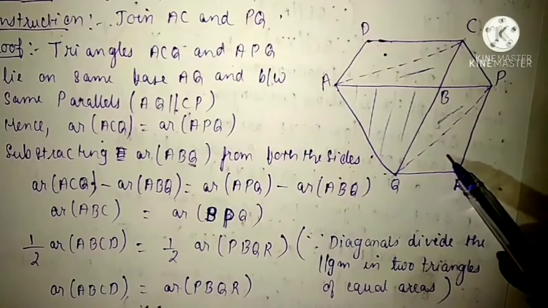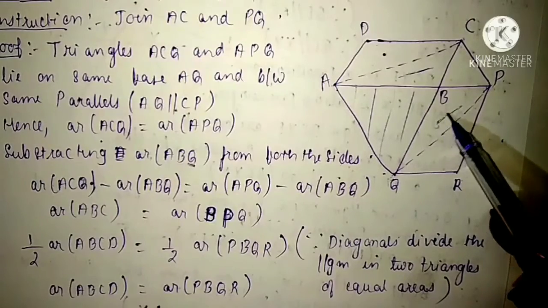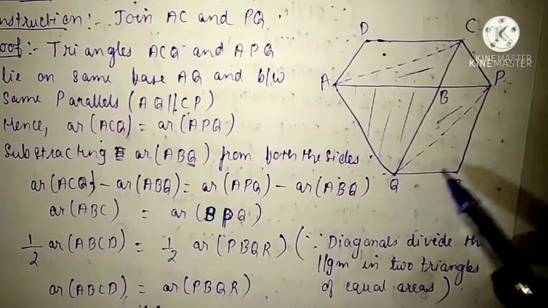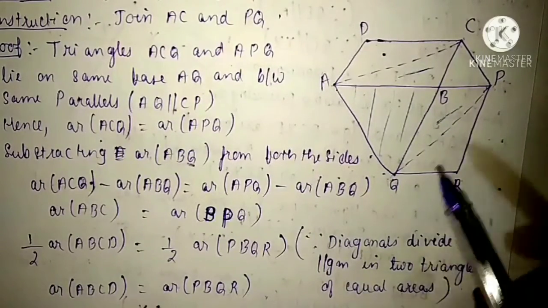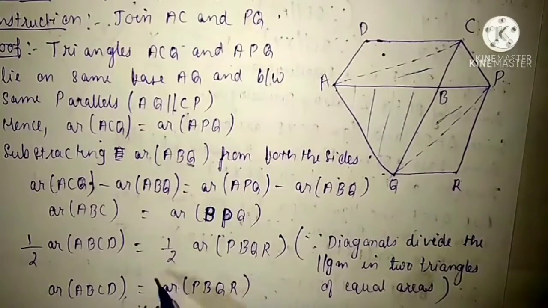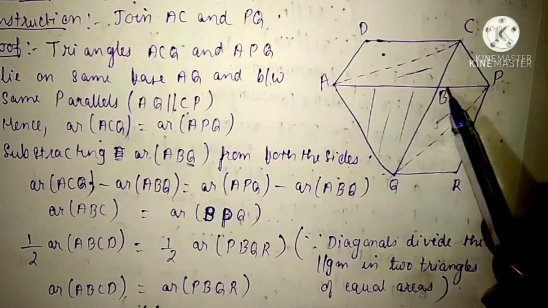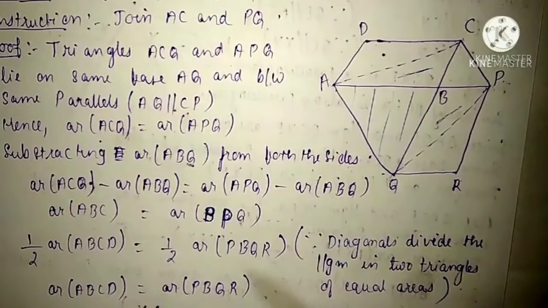Now if these two triangles are equal in area, then one of the triangle will be equal to half of the area of parallelogram. So instead of this BPQ, we can write half of area of full parallelogram, that is PBQR. So instead of this we will write half of area of PBQR.